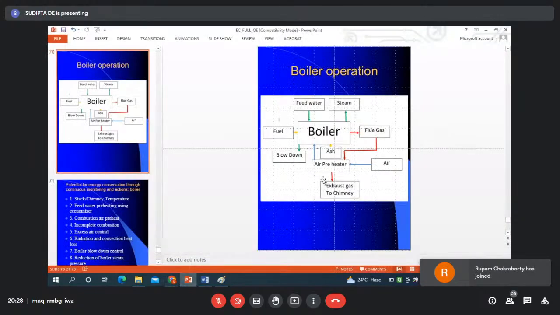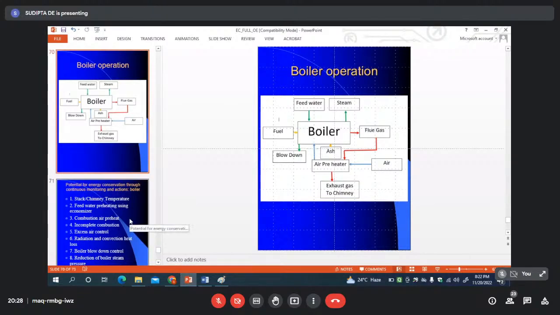And then the feed water is getting converted into steam in the process, and to remove the impurities of the feed water, you have the blowdown process. So with this entire idea of the boiler operation, let's go to the actual condition monitoring scheme.